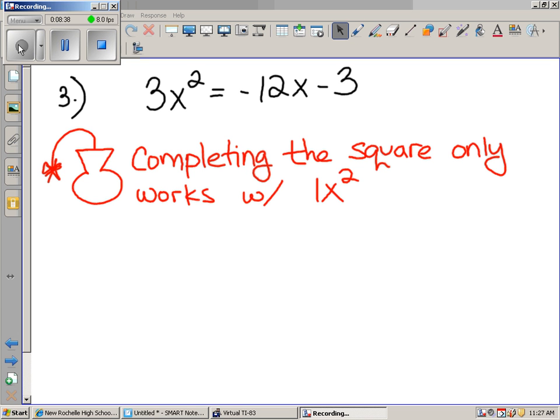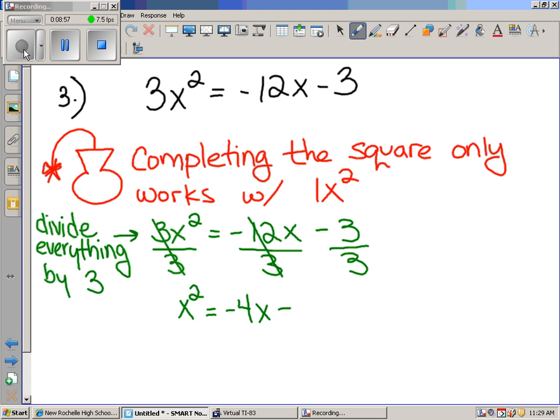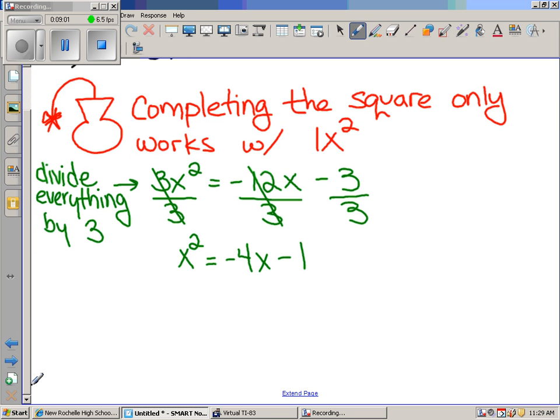So remember this day of December when we talked about the rules of completing the square. So we got to divide everything through by 3, and then check it out. We get 1x squared. Ooh, just what we needed. Equals -4x minus uno. What do we do next?